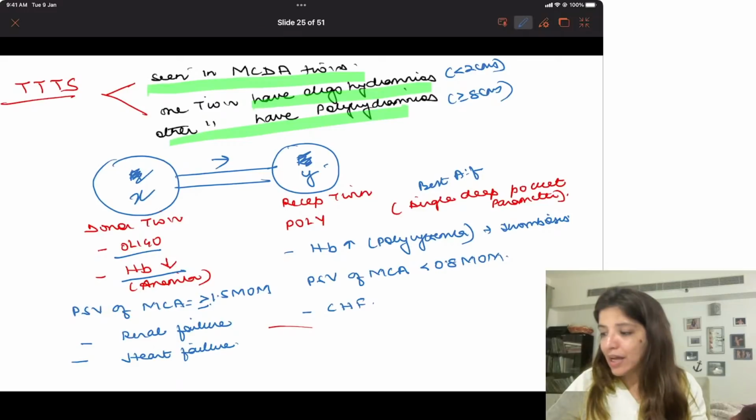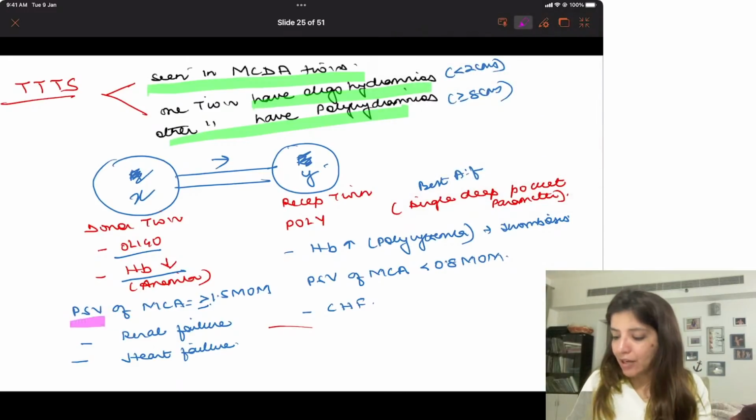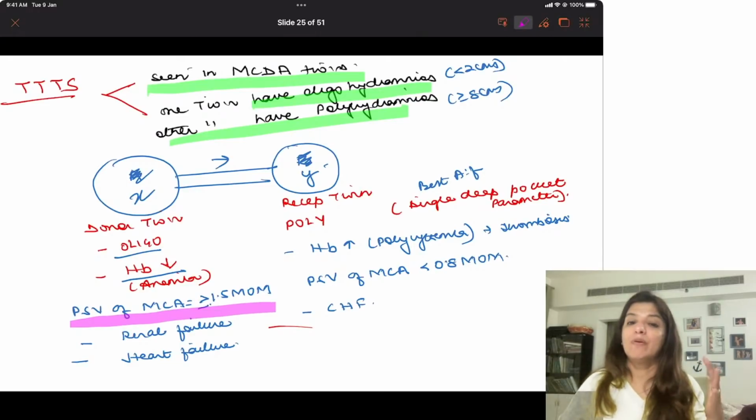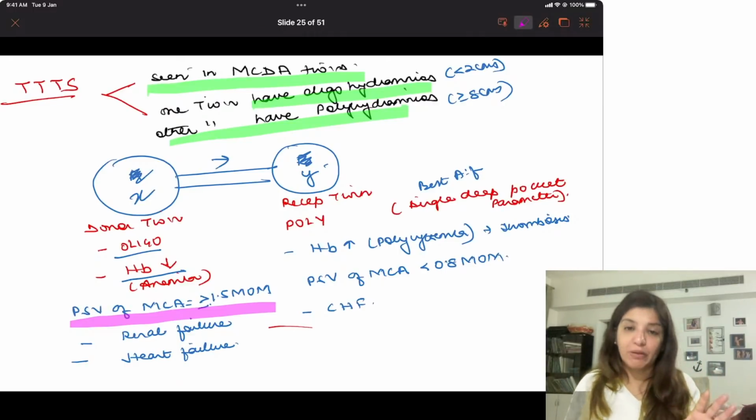And whenever there is anemia, a typical thing is that on middle cerebral artery, the peak systolic velocity will be more than or equal to 1.5 MoM. So when a fetus has anemia, you have to check middle cerebral artery Doppler, and in anemic fetuses, peak systolic velocity of middle cerebral artery is more than 1.5 MoM.